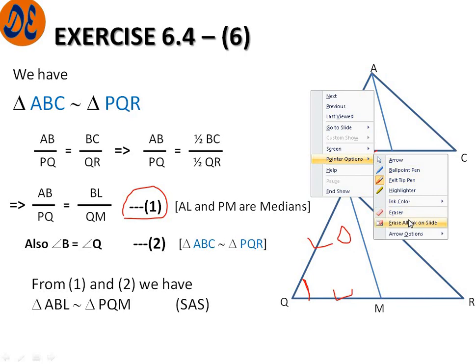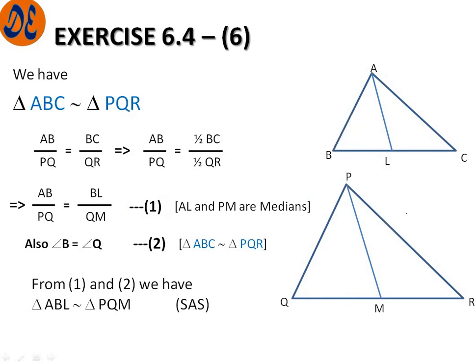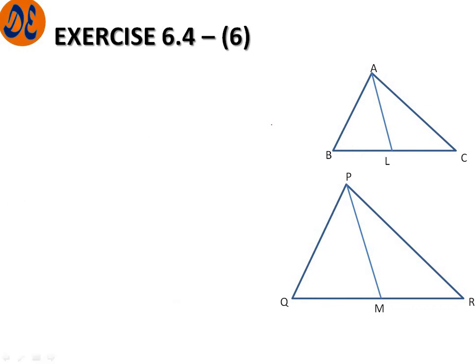So here we have also found that if we divide any two similar triangles with help of median, the triangles so made are also similar. So we are using SAS criteria. These both the triangles are similar.